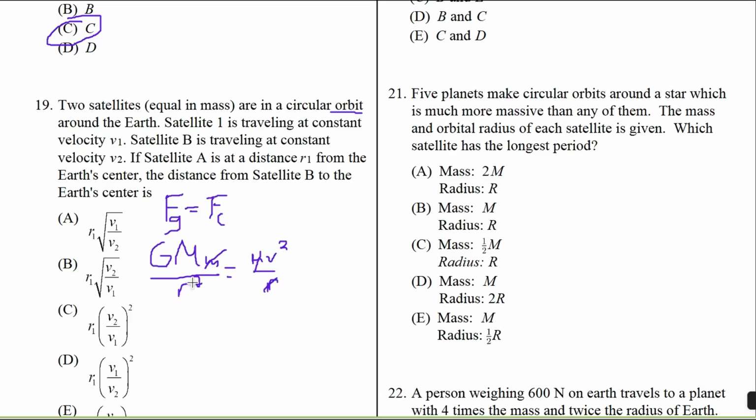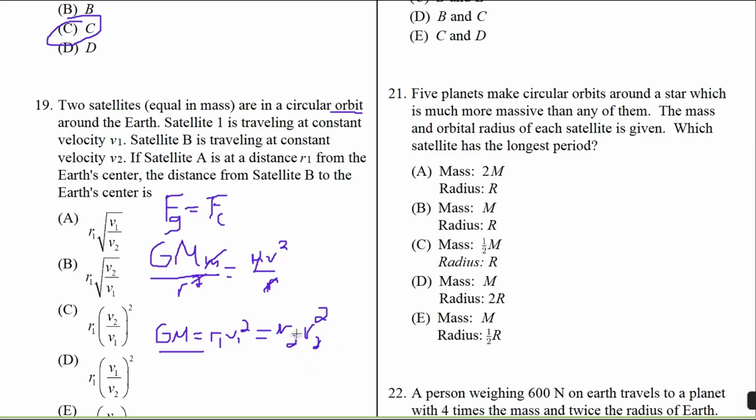Also, I could get rid of one of these r's down here. So if I move things around, I end up getting GM, which is a constant, right? G is constant, the mass of the Earth is constant, is equal to r times v squared. Because this is a constant term, this is going to be true for every satellite that is orbiting Earth. So for satellite 1, and it's true for satellite 2.